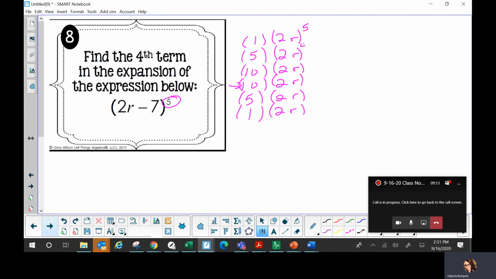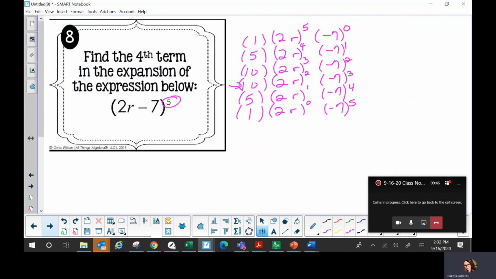So 5, 4, 3, 2, 1, 0. And then our next term is what? -7. And start at 5, 4, 3, 2, 1, 0.